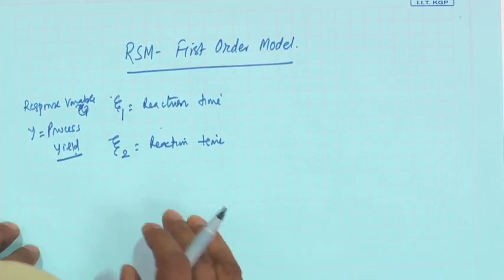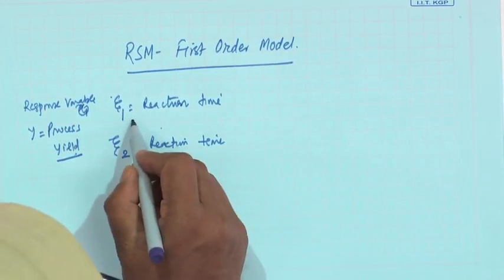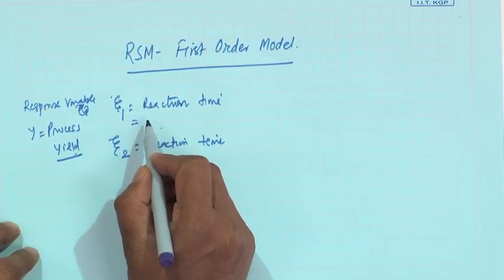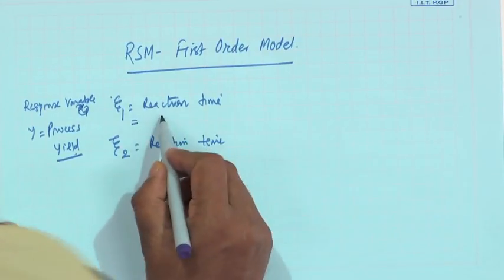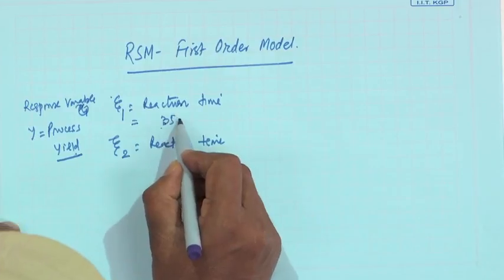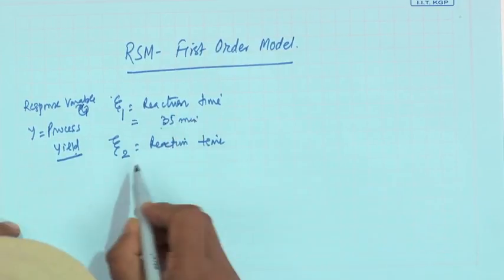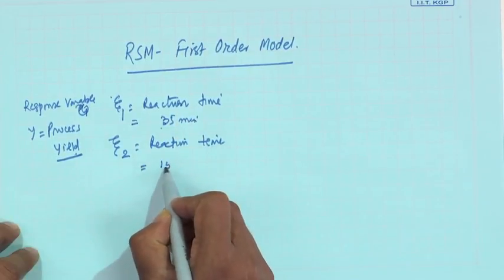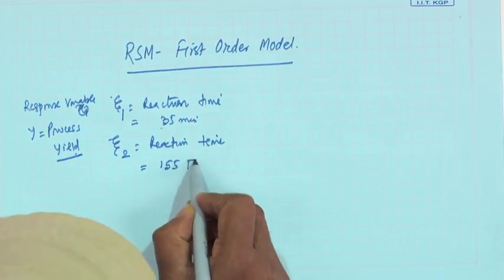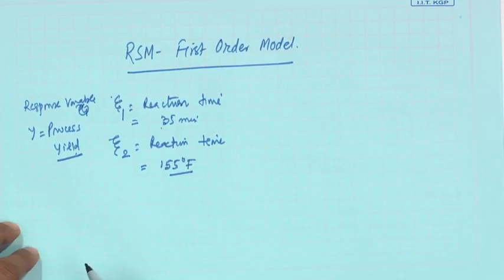Suppose you are operating with a reaction time of maybe 35 minutes and a temperature of 155 degrees Fahrenheit.